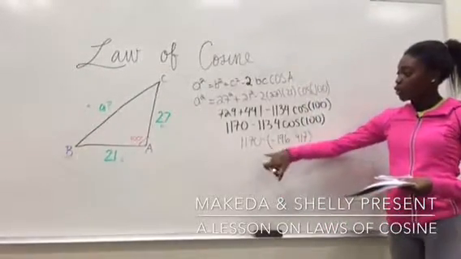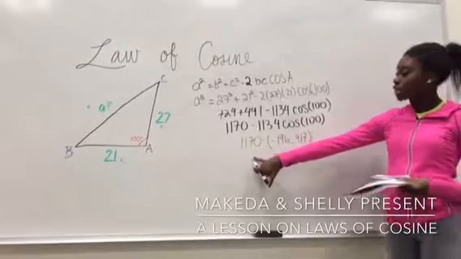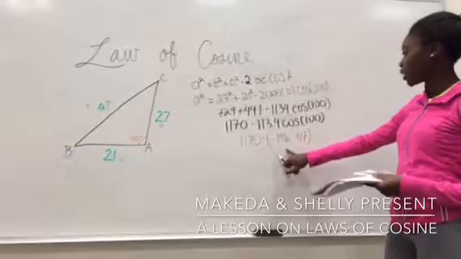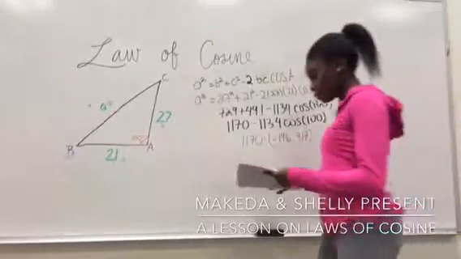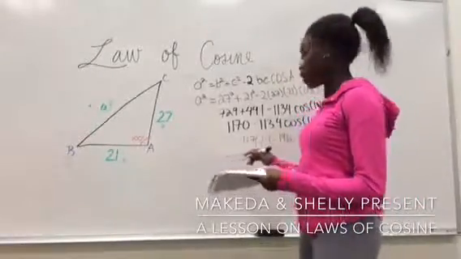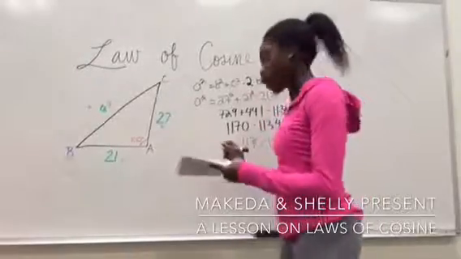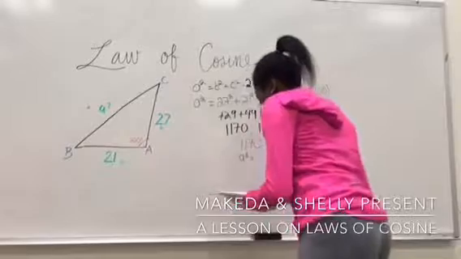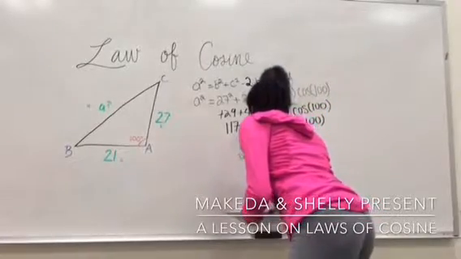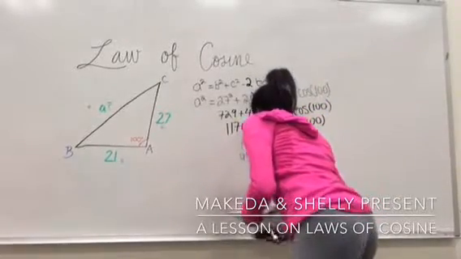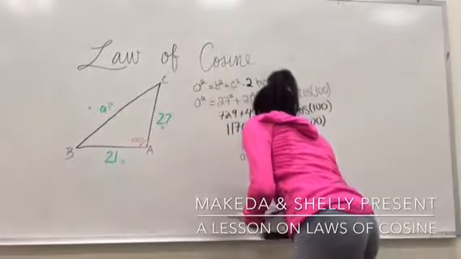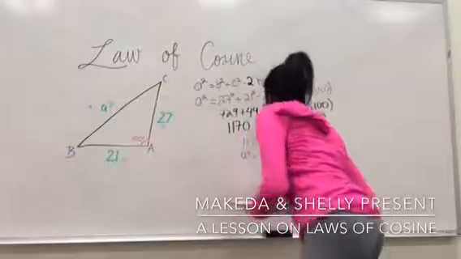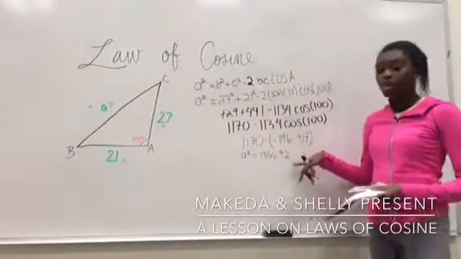So then you add 1,170 plus negative 196.917, and that gives you your A squared. So you've reached your A squared.